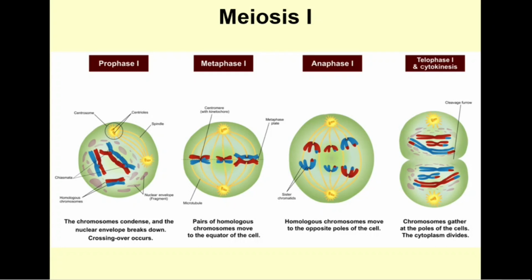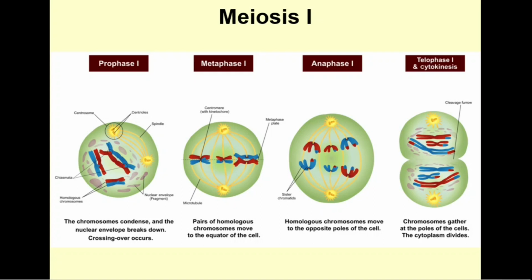So we go through G1, S, and G2, and then that cell is able to enter into meiosis I. And we go through the same basic stages that we saw with mitosis in the previous session. So we start off with prophase I, and then we move into metaphase I, then anaphase I and telophase I, followed by cytokinesis.